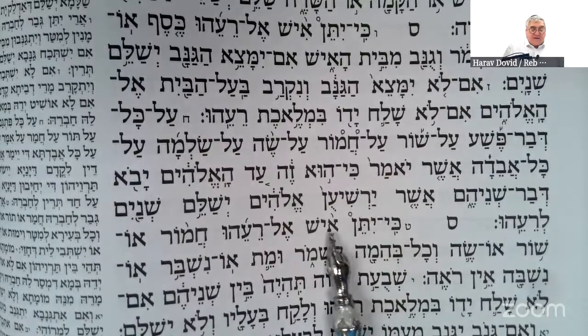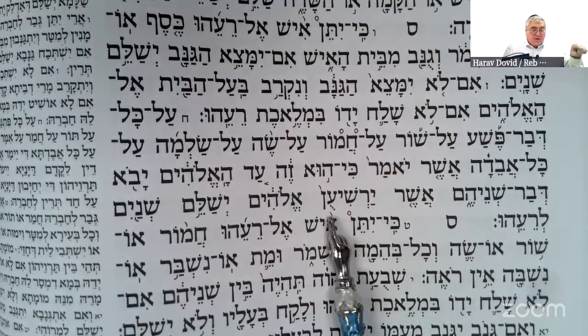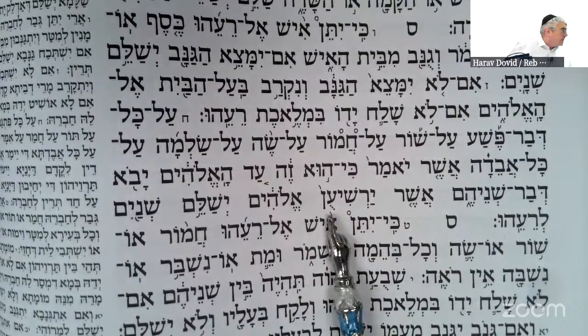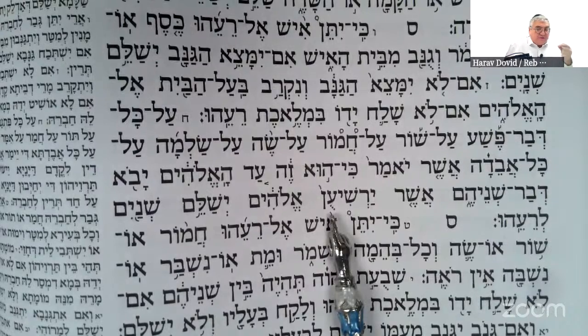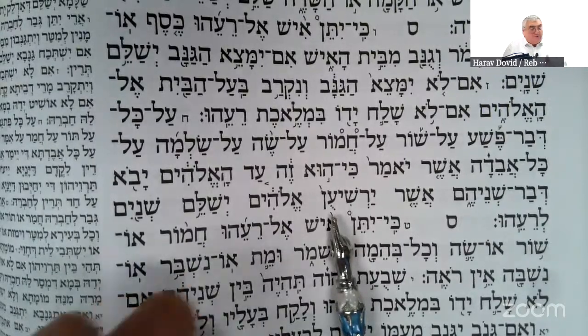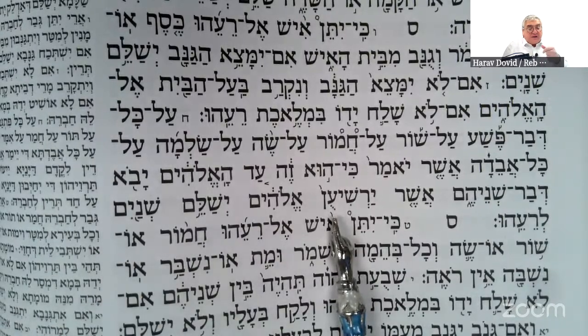So this is definitely read Yarshiun, but the way it's written might not be. It just makes a difference of pronunciation of the word. It is chaser. That's exactly what it is. Asher Yarshiun is pronounced like it would be spelled with a vav, yet there is no vav there.